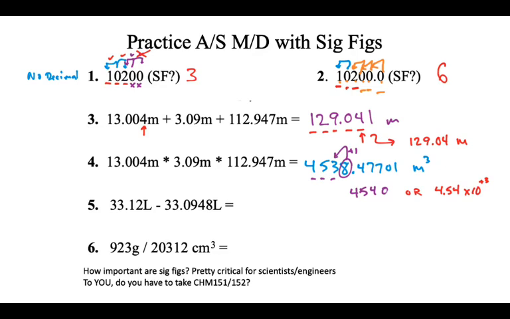In the first one, it went to the thousandths place, then it went to the hundredths, and then thousandths. Okay? Hundredths was the least precise place. Which means my answer can only be reported to the hundredths place. So my number becomes 129.04.